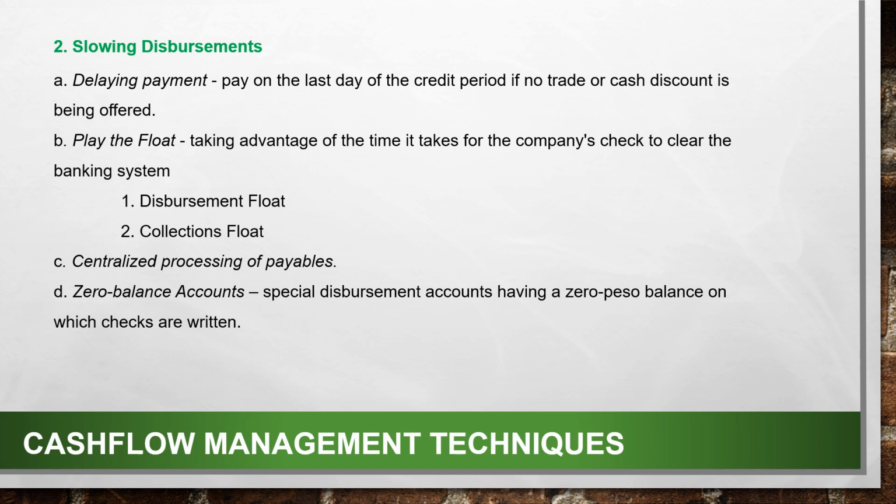So for example, you issue your check now and there's a float of, let's say, 5 days or 3 days. So actually you can pay now, but in essence the cash of your business will be deducted only after 5 days or only after 3 days. So you have to take advantage of that float.